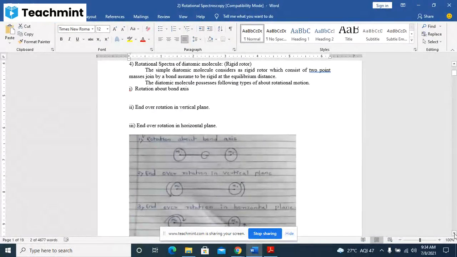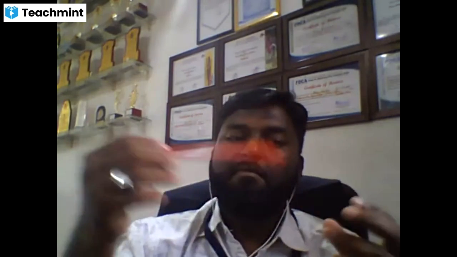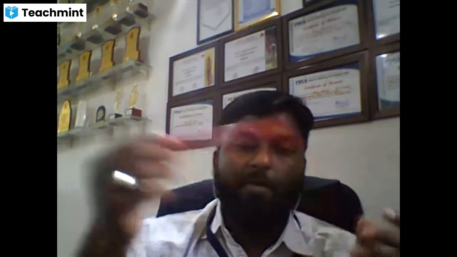Let's say I will show you the example here. See, if this is a diatomic molecule, here this is one atom, and this is another atom, and this is the bond, right?